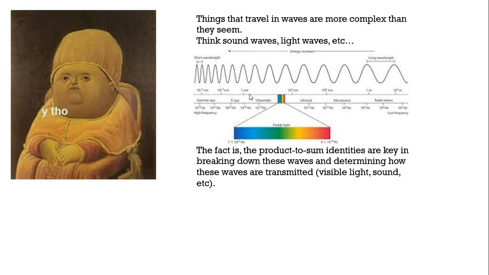But basically, these identities that we're going to see in a few minutes are literally just breaking down the waves and seeing how these waves are transmitted. So, how visible light is transmitted, how a sound is transmitted, comes down in one way or another, or some manipulation deals with these product to sum or sum to product identities.